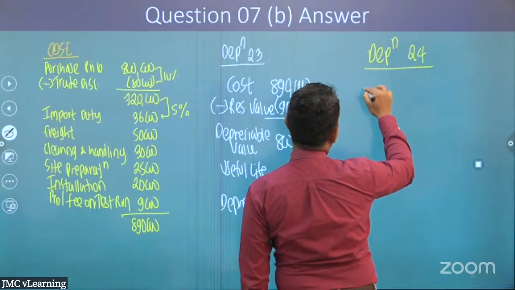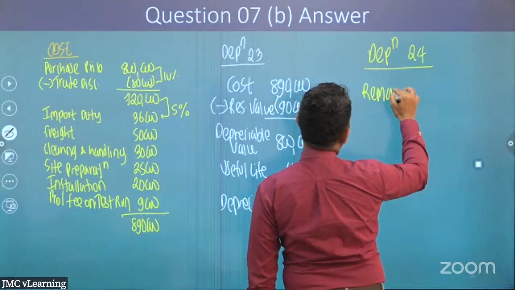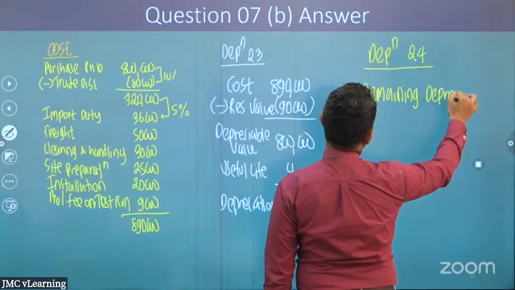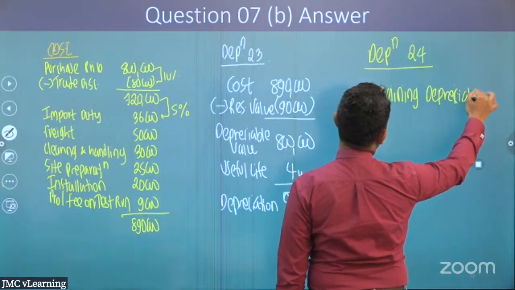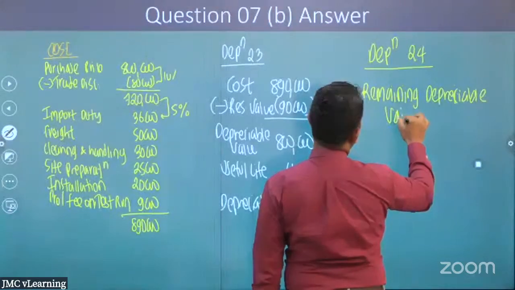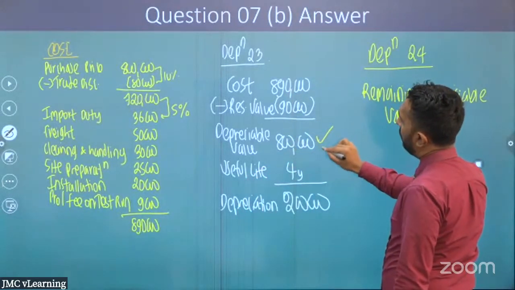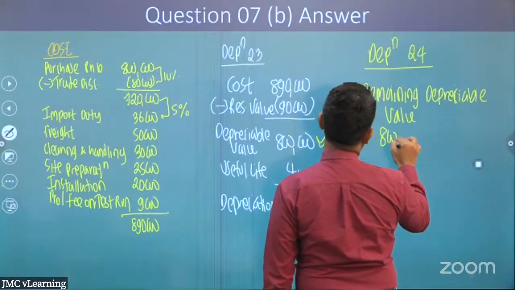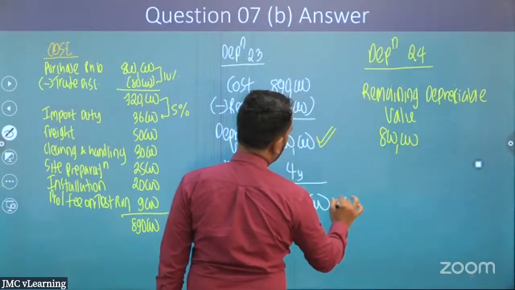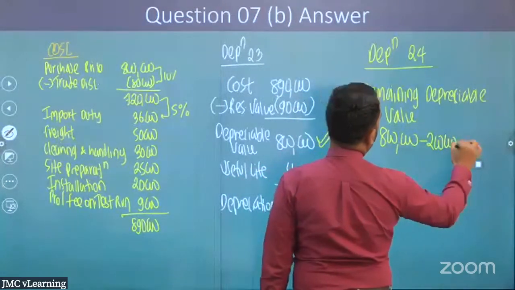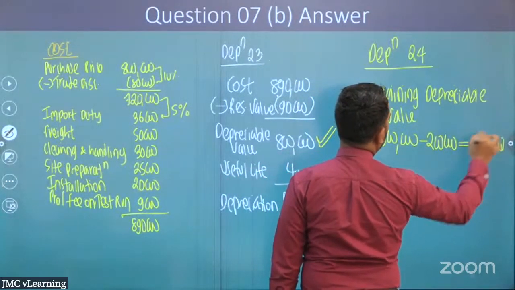Now you need to apply this concept called remaining depreciable value. We had a depreciable value of 800,000. Of that we have depreciated 200,000. So the remaining depreciable value is 600,000.